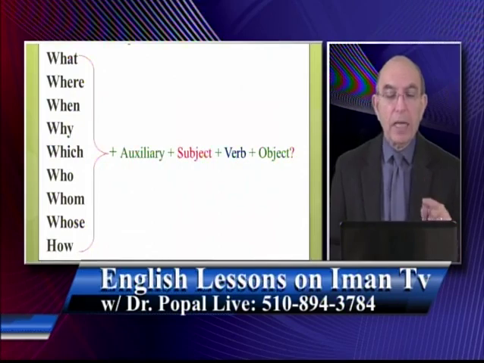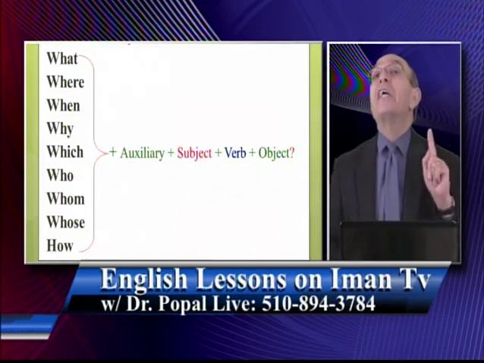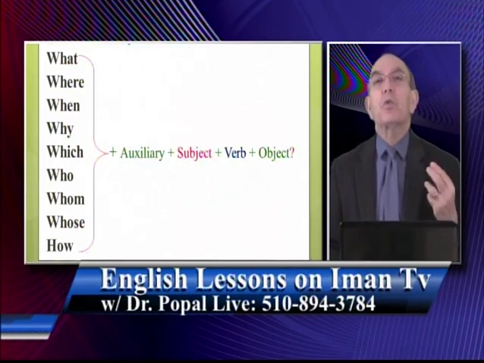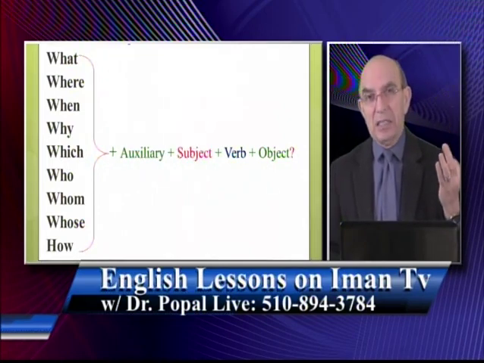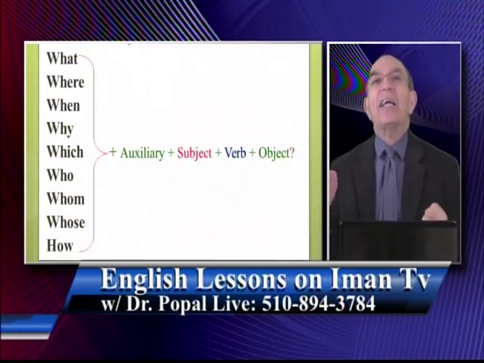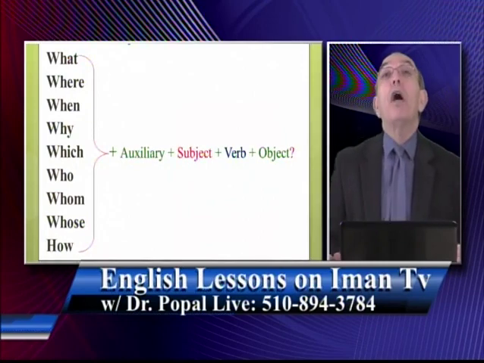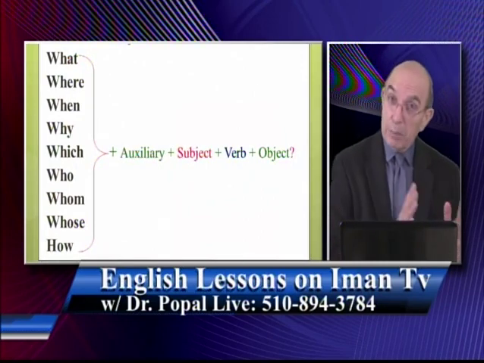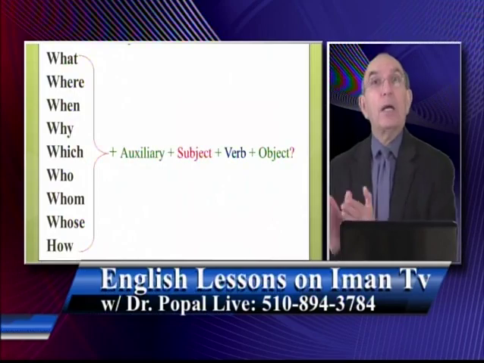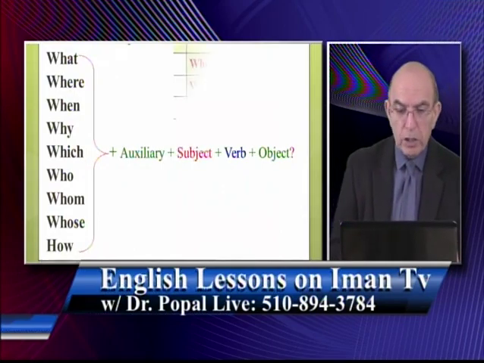So remember that after most of these WH words, you have to use an auxiliary. Auxiliary is a word like do, like does, like did, like will, like can, like is, like am, like are. So after these words, you have to use one of those words, then the subject of the sentence, then the verb, and then the complement, and then a question mark. So here are some examples here.